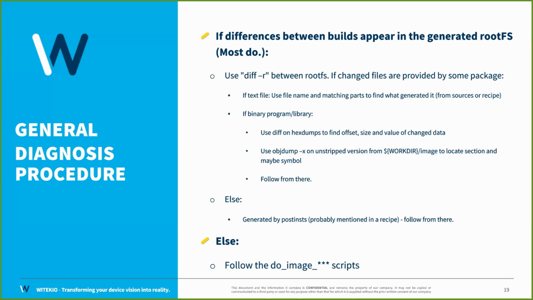Changes that you will have located more precisely using, for instance, a diff between hex dumps of various bits of the file. And once you have located the symbol, once you have located the section, you can follow from there in the sources and find why there's a variation here.